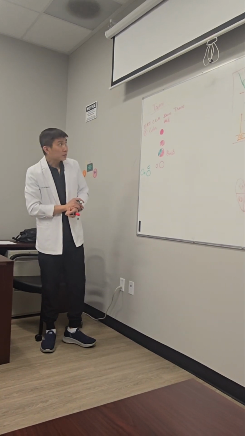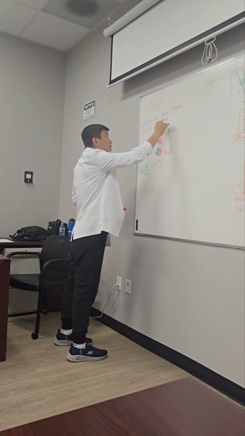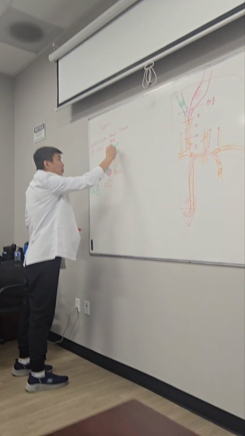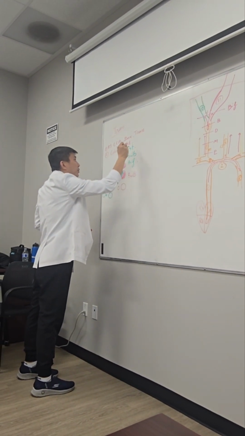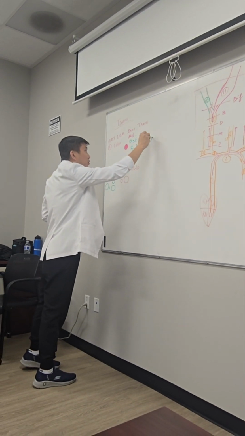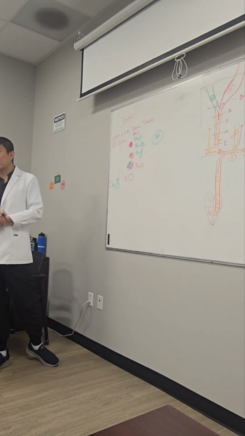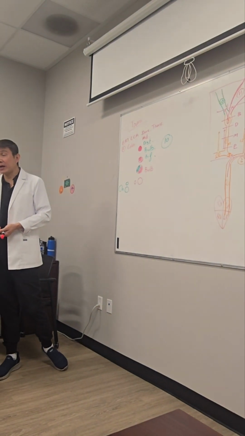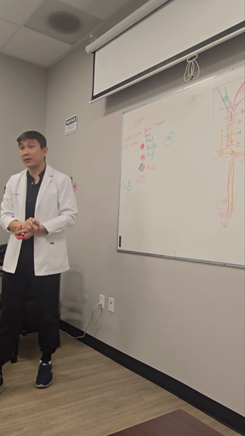Good. So we get proximal, mid, distal, bulb, and bifurcation. 1, 2, 3, 4, 5, times 2 equals 10 pictures. Yes, so we do it on both sides, but I just show one side. So we're done with the transverse.